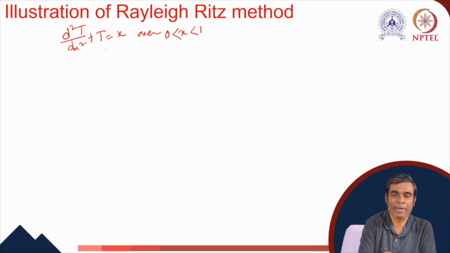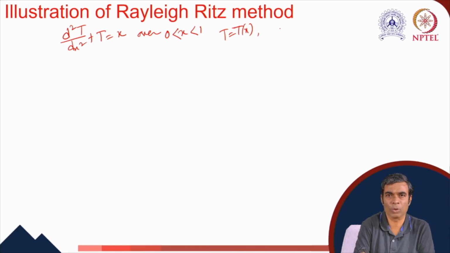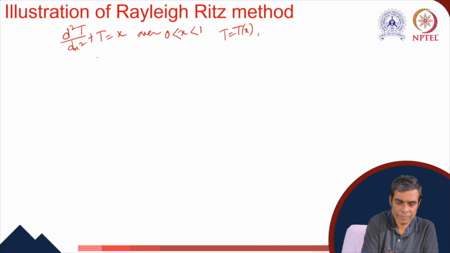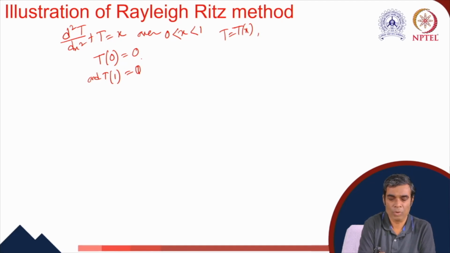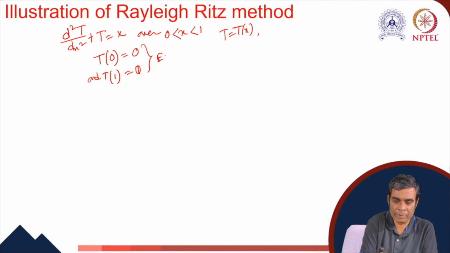So T is the degree of freedom, or T is the unknown, where T is a function of x, and the boundary conditions are both of essential type at the boundaries x equals 0 and x equals 1. So these are defined as T(0) equals 0 and T(1) equals 1. Let us take that also 0. So we have homogeneous essential boundary conditions.